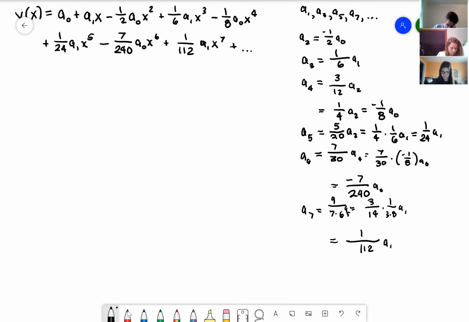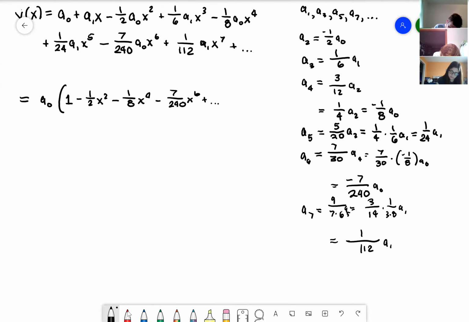Okay, so now the two solutions. One of them has a0 in it, so I'm going to factor that out, and I get 1 minus 1/2 x squared, minus 1/8 x to the fourth, minus 7 over 240 x to the sixth, plus dot dot dot.